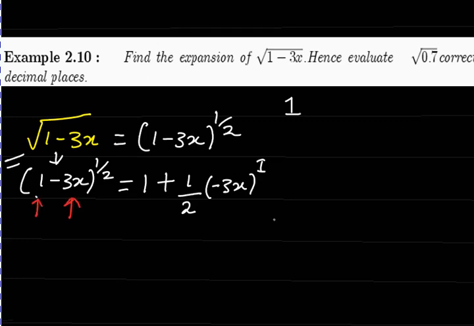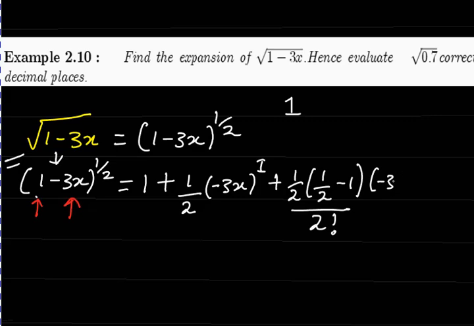So here we go, plus the next term, you know what it is going to be, that is n open bracket n minus 1 divided by 2 factorial, then of course minus 3x raised to the power of 2.